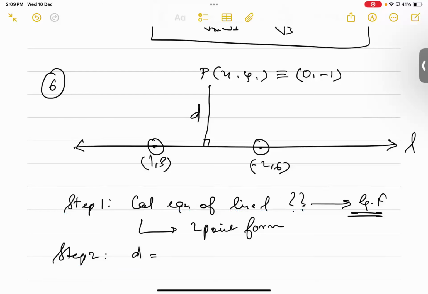And the D formula you can use. So I've given you the steps. Now read the question, look at the diagram. If you are having any doubts, please ask. This was question number 6. Have you copied the hint? Yes.